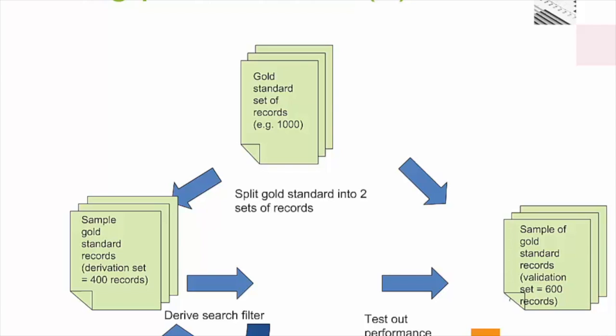And you can use random number generators to say, I've got 1,000 records, give me 400 numbers from those 1,000 records, and then give me 600, so that you can then just choose the records that correspond to the numbers the random number generator offers.